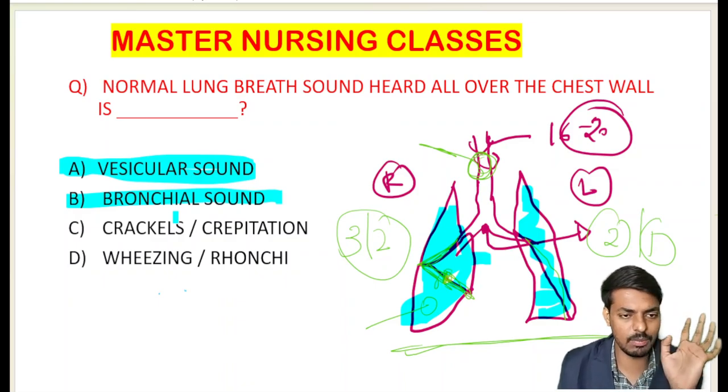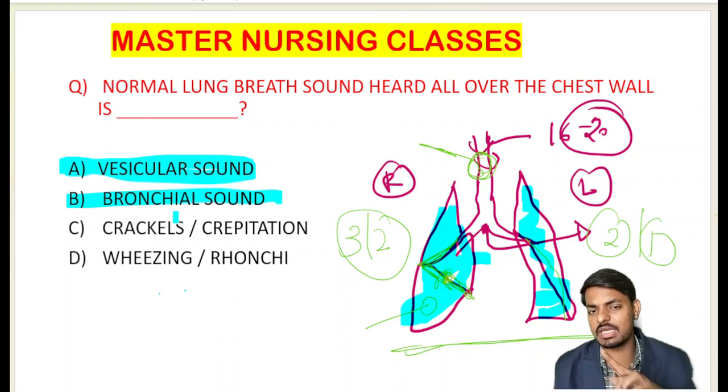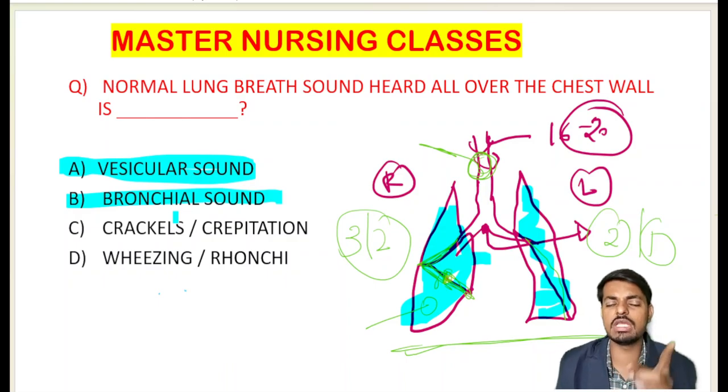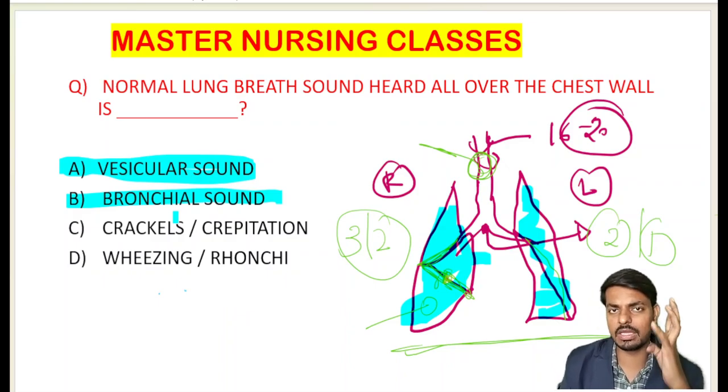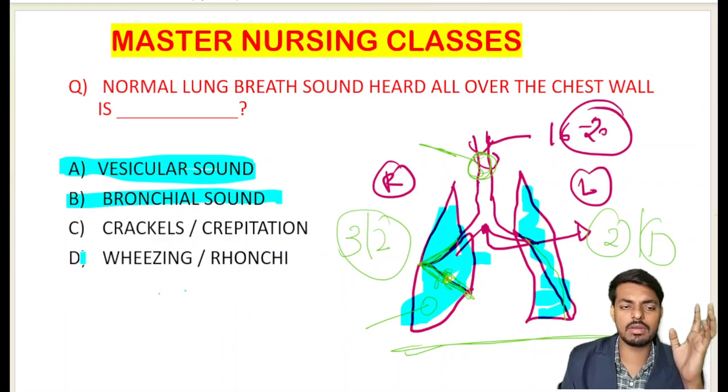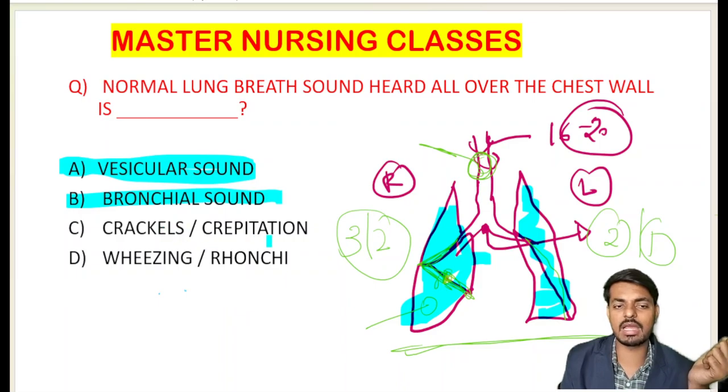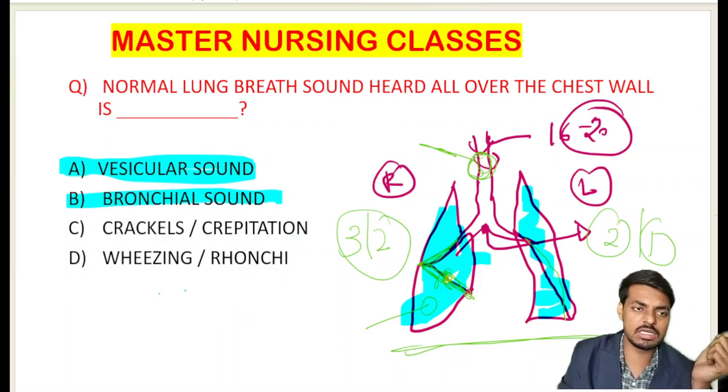If the bronchial sound is heard over the entire lung field, it indicates pathology, some pulmonary problem. The main problem where we hear bronchial sound over the entire lung fields is lung fibrosis. Very important. Now, in which condition will we get crackles and crepitations? What are crackles and crepitations?